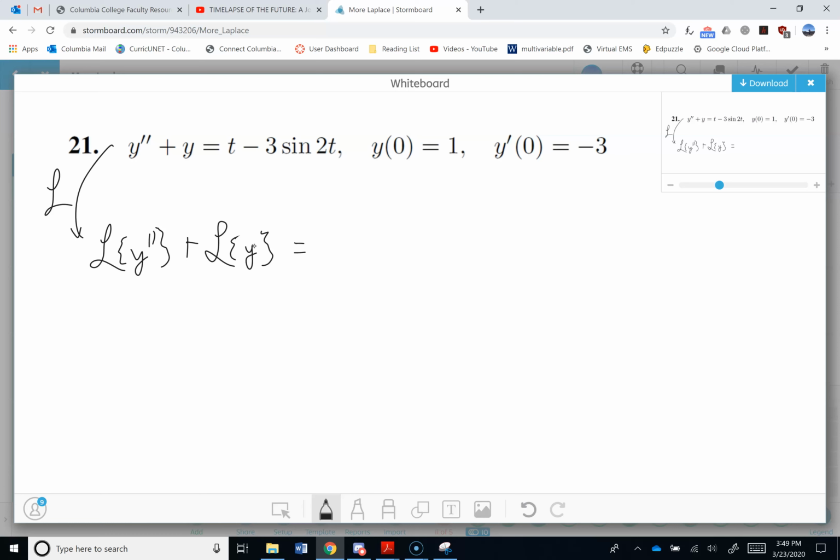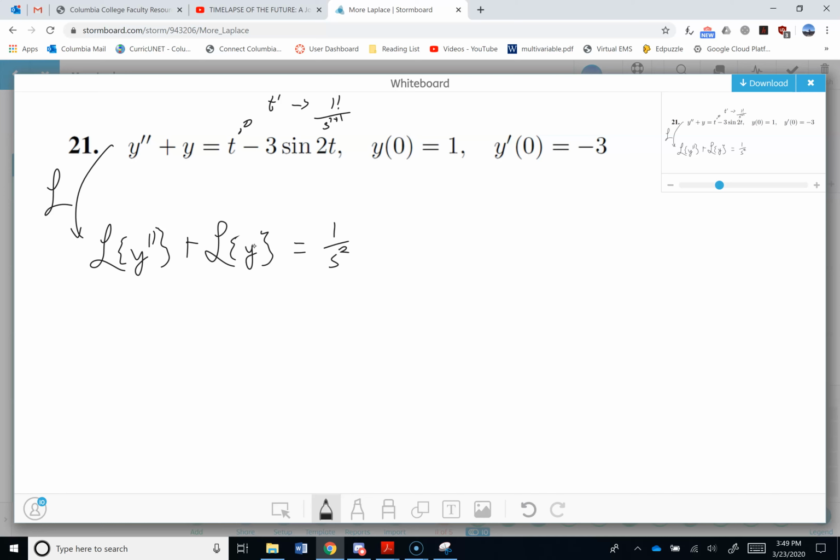Okay, so now I get to look stuff up in the table. So I need the Laplace transform of t. So I'm thinking that looks like a t to the first power, which in the sheet goes to 1 factorial over s to the 1 plus 1. So pretty sure that's a 1 over s squared.